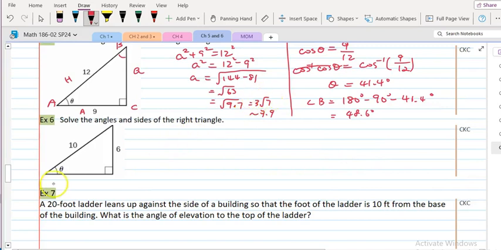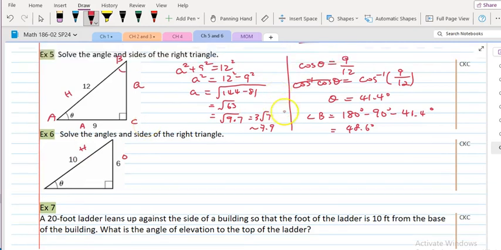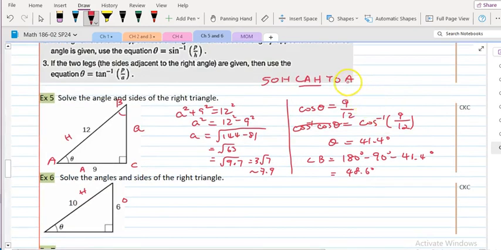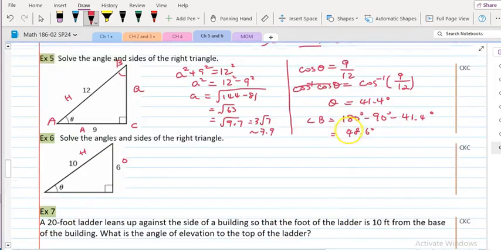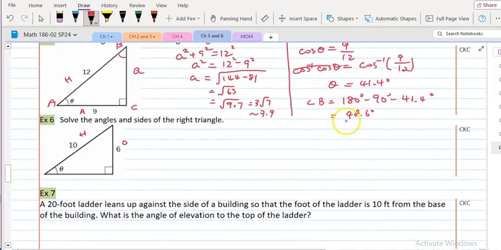Next, solve the sides and angles. According to this angle, this is hypotenuse, and this is O, opposite, right? So OH, what do I need to do? OH is sine. So let's do the angle first. I would write the ratio sine theta equal to O over H. So sine inverse both sides.